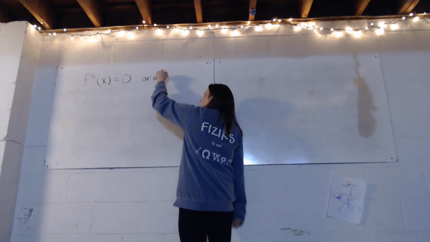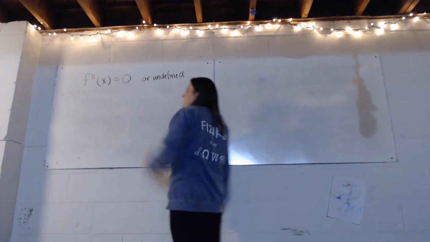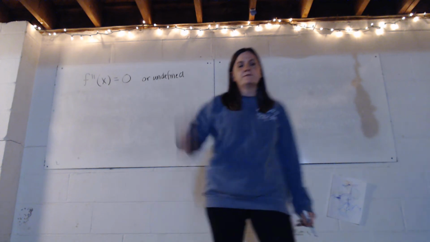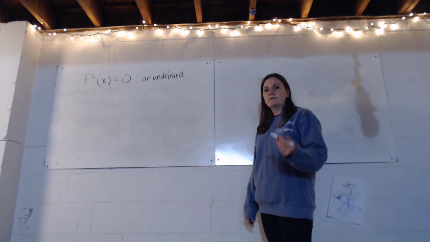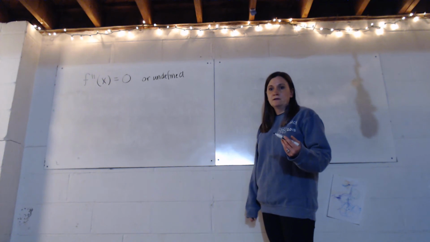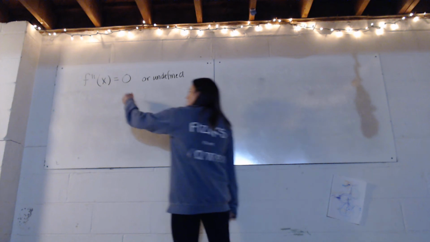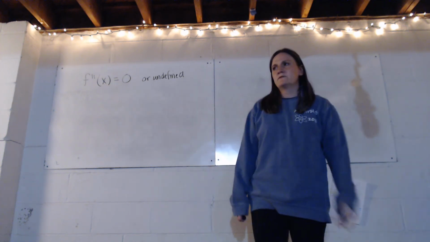That's the point worth noting as well. So in these places where the second derivative is 0 or undefined, you often have the concavity of a function changing, again, from concave up, because it's concave up if the second derivative is positive, to down, or vice versa.